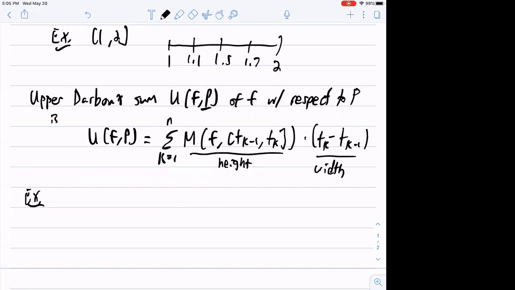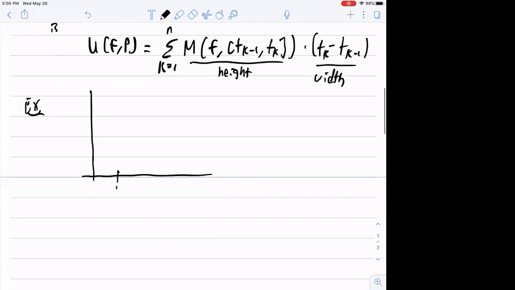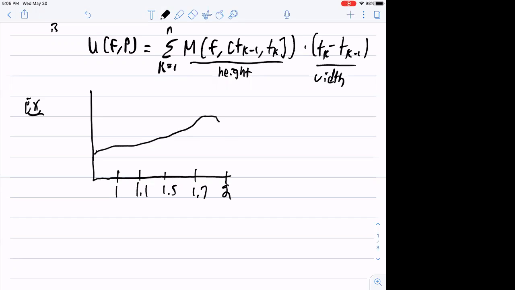An example: if my partition was the one above, 1, 1.1, 1.5, 1.7, and 2, what is the upper Darboux sum? Let's draw a function, which goes up to here, and then it goes down.